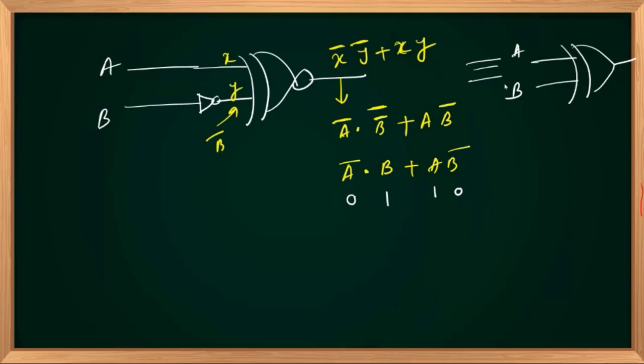So let us move to the next slide. Question number 6. I will draw a little bit of a complex gate diagram, but don't worry, you apply what you have learned, then identify the options.